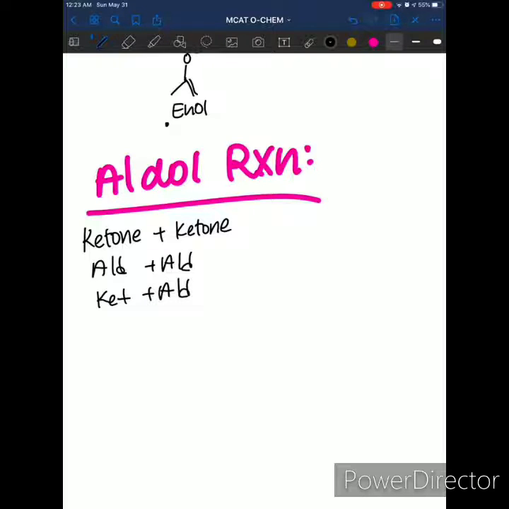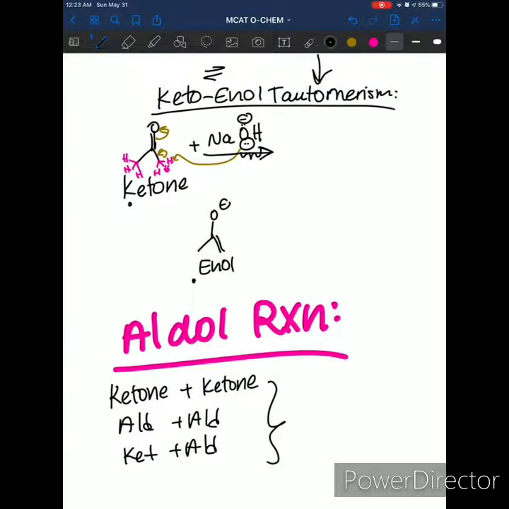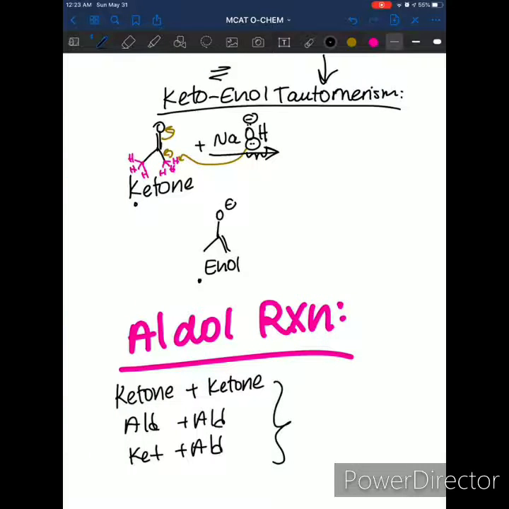So basically, any combination of ketones and aldehydes can result in something known as the Aldol reaction. And the reason that I stated that Keto-Enol tautomerism relates to this is because we're actually not going to be using the ketone version as the nucleophile. We're going to be using the enol version.